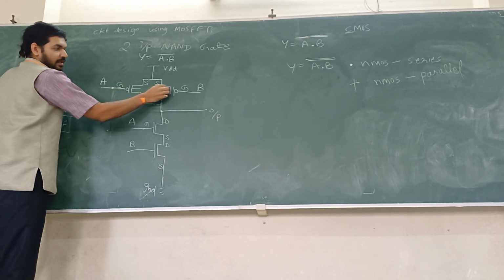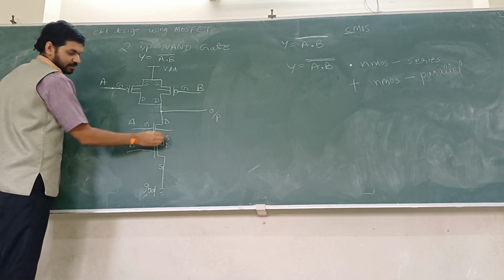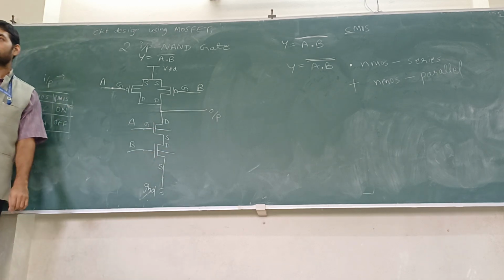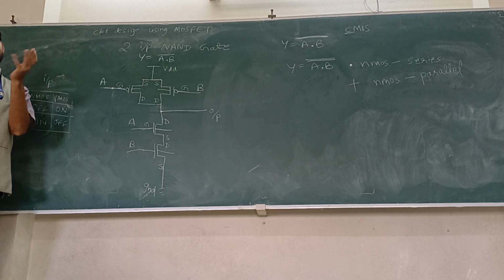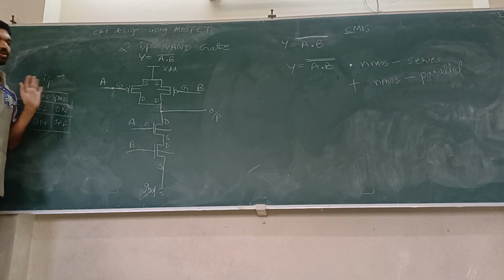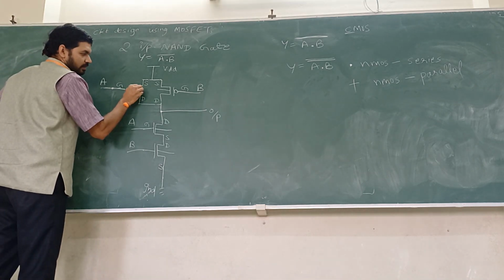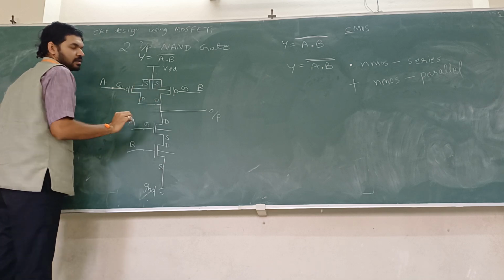This is an active terminal. Okay, so always the substrate or the body or the bulk, whatever you say, it is shorted to the source. It is shorted to the source. So this goes here, this goes here.